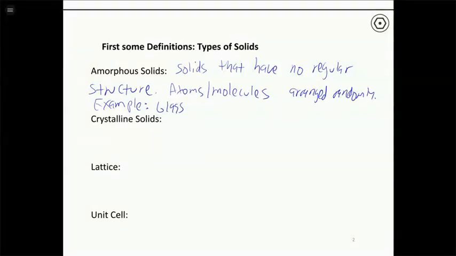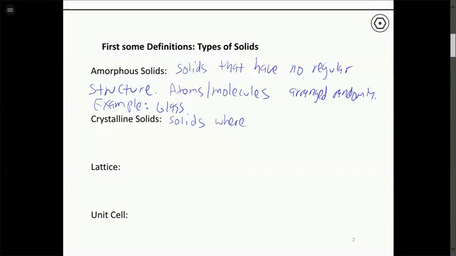What we're going to talk about more in this class, which is the other major type of solids, are called crystalline solids. In this case, the components are arranged in very regular and predictable arrays, in a highly regular periodic fashion.